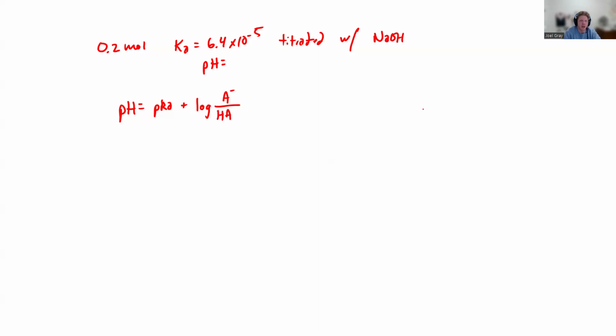Now, this is our half equivalence point. So essentially, if we have an acid, HA, and to that acid we add NaOH. Let's say that we have 2 molecules of HA. Well, then, when we add 1 molecule of NaOH, we're going to react with one of them.